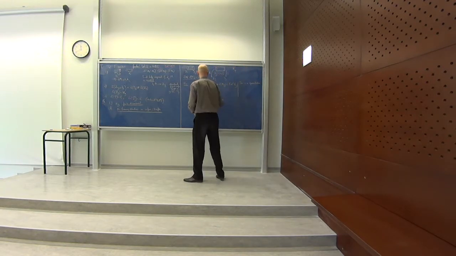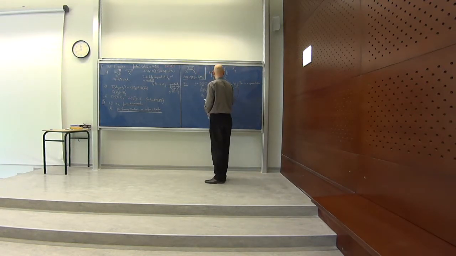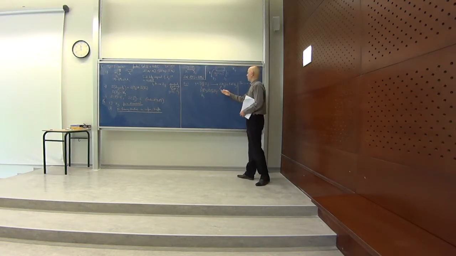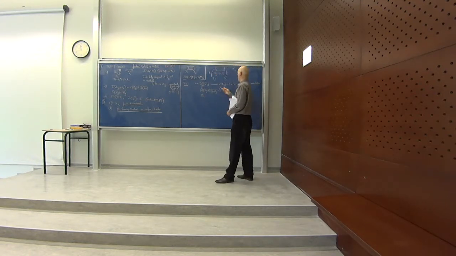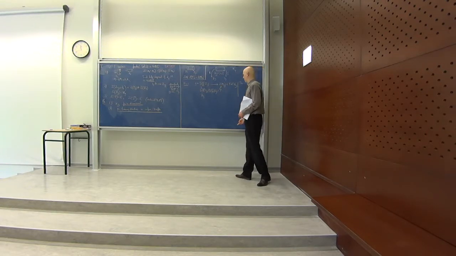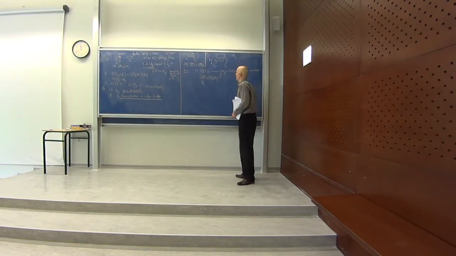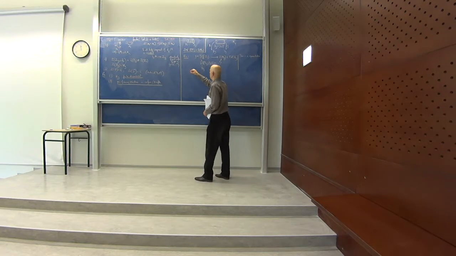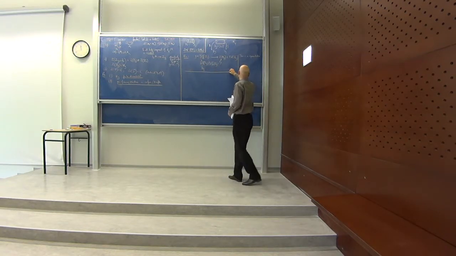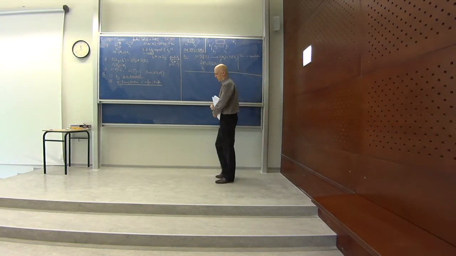I'm calling this representation, let's say, rho. Of course it depends on G, but it also depends strongly on the choice of the cobordism. So this is one of the main characters.